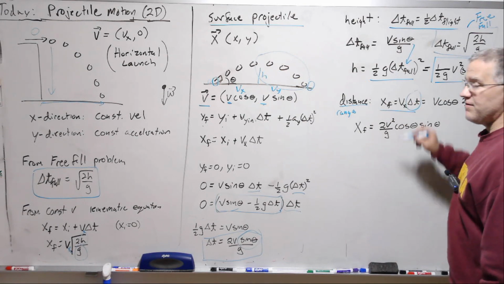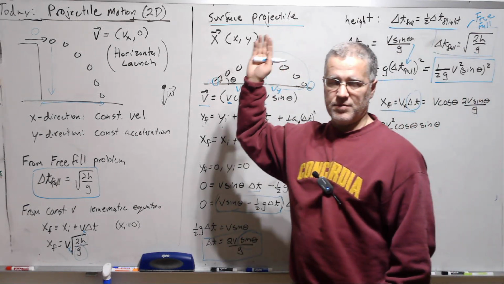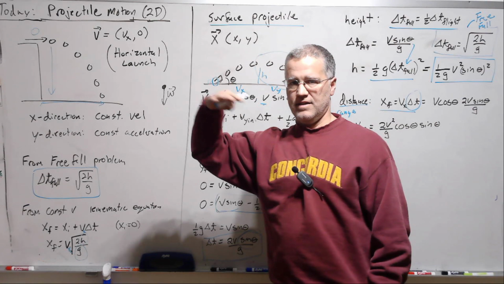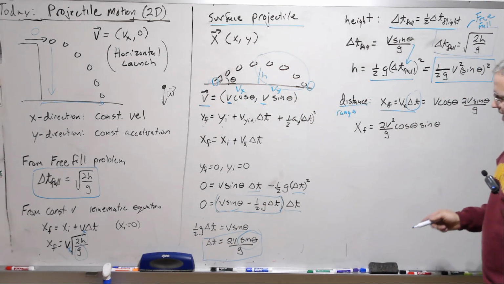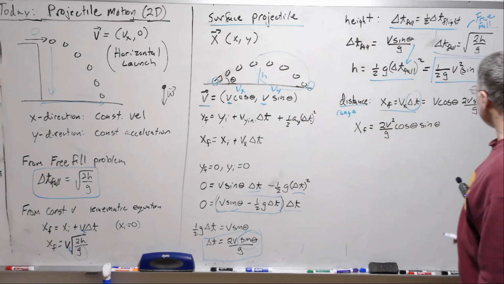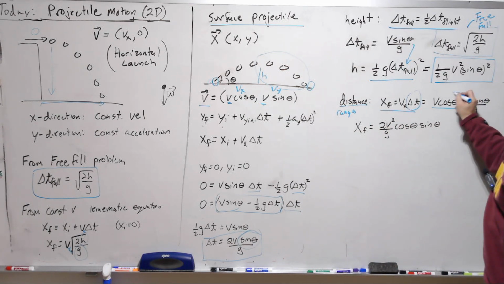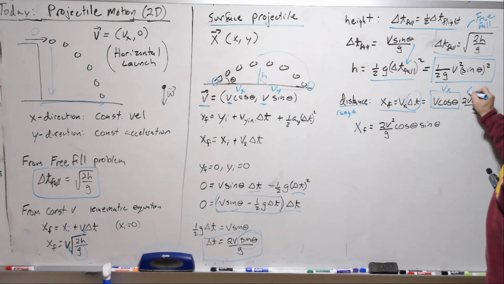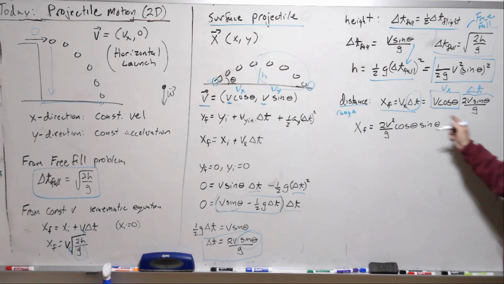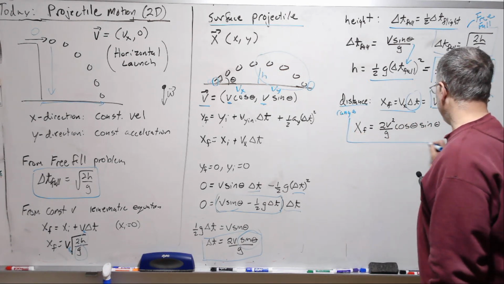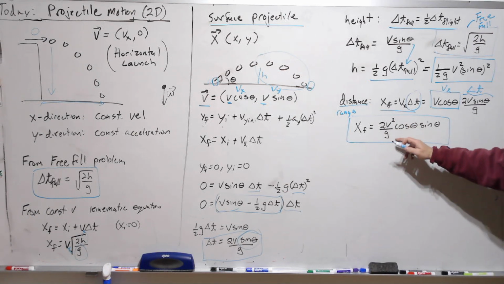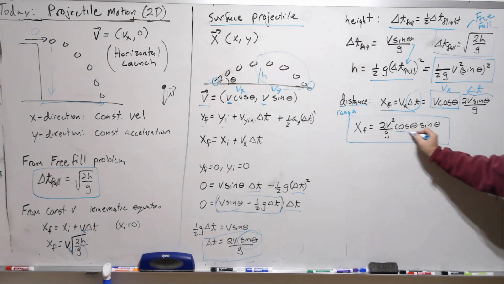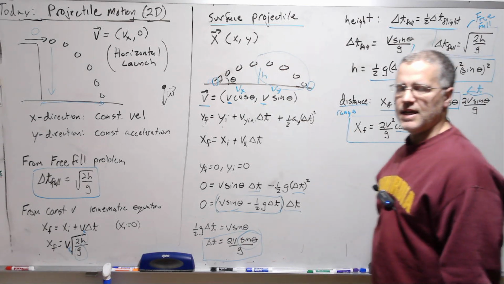This is our full time of flight, not just the fall time from above. This is the full time of flight, and that's how much time it has to traverse this distance. So this component here is Vx, and this is our delta t time of flight. Cleaning that up a little bit, we get the range as 2v squared over g cosine theta sine theta.